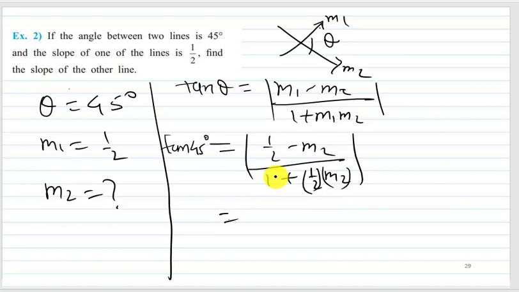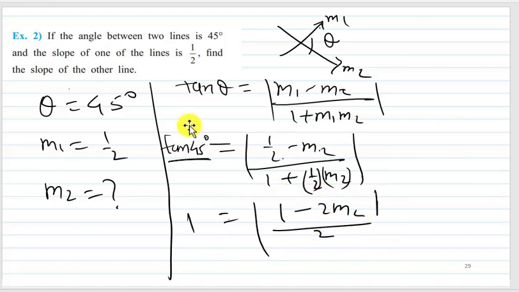Right? Tan 45 will be 1. Now cross multiplication, you will get 1 minus 2m2 upon 2, here also upon 2. And in the denominator you will get 1 plus m2 by 2.